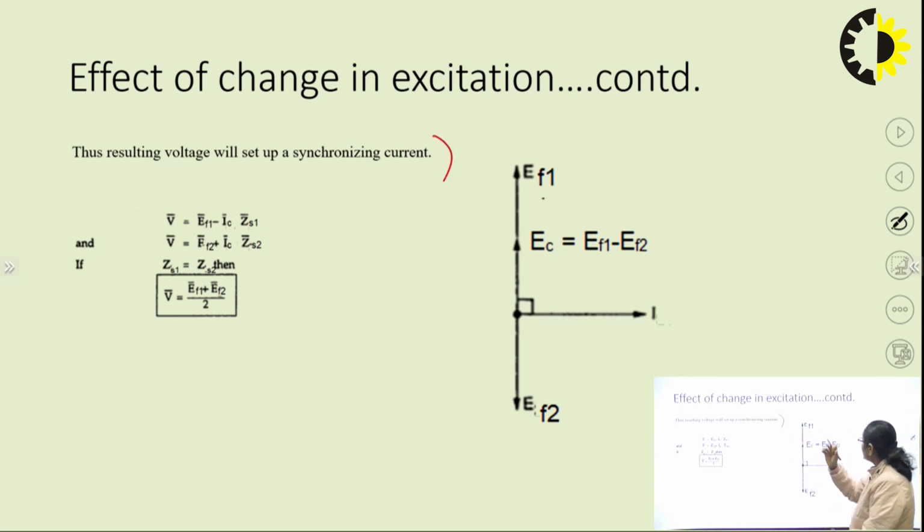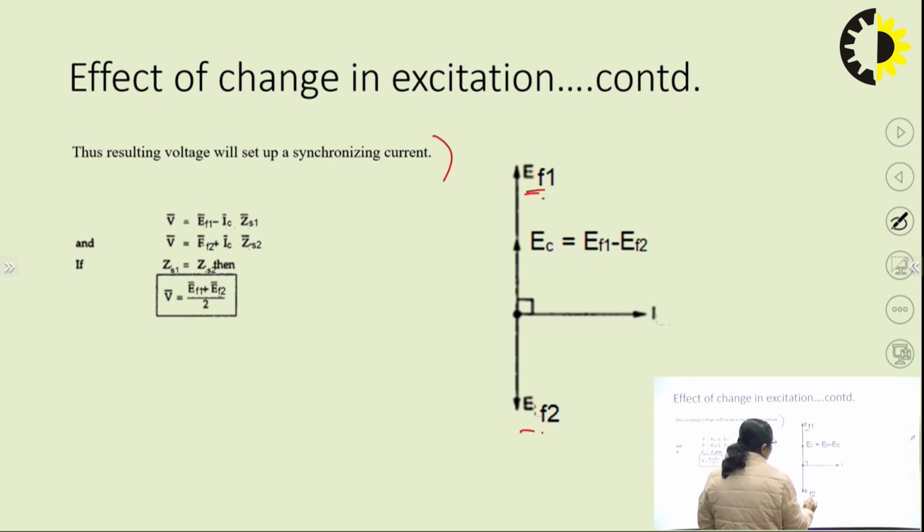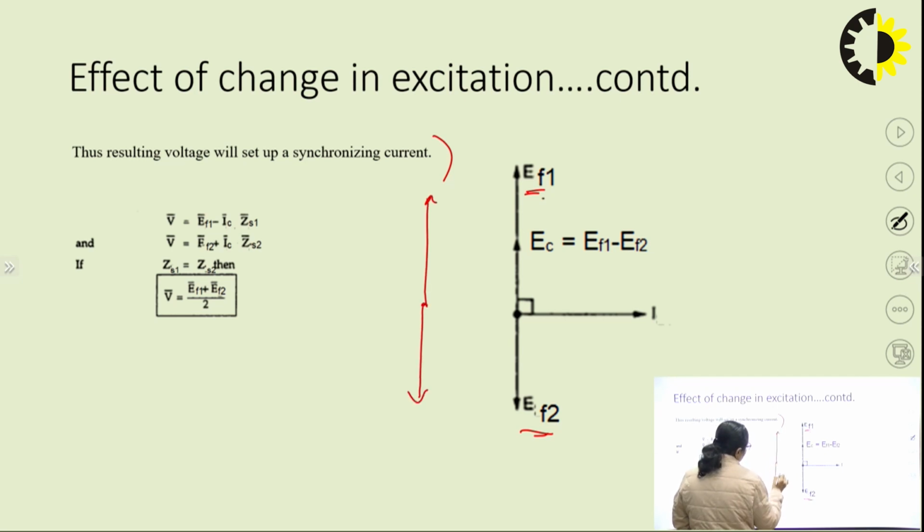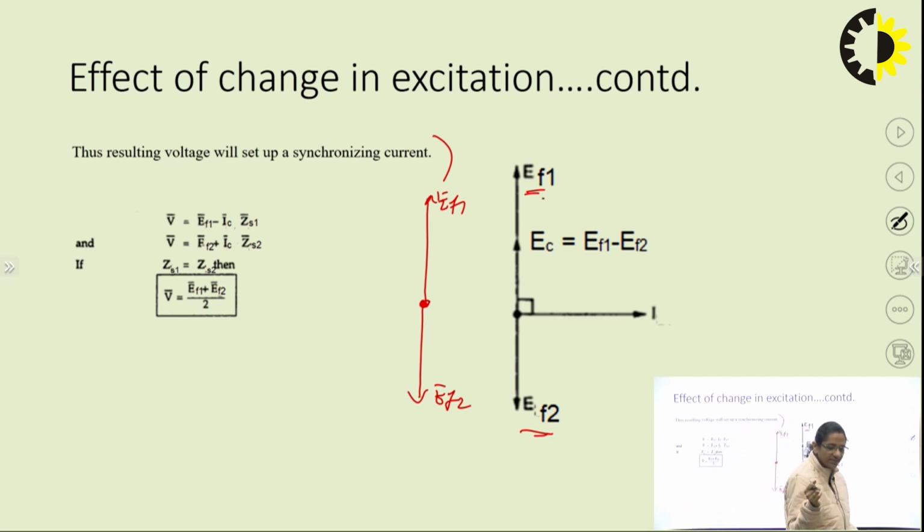Let us see the phasor diagram first. This is the EMF EF1, this is the EMF EF2. If the magnitude of the two is the same, there will not be any potential to cause circulating current between two parallel connected alternators, right? What we are discussing is what happens when the excitation of alternator 1 is increased.